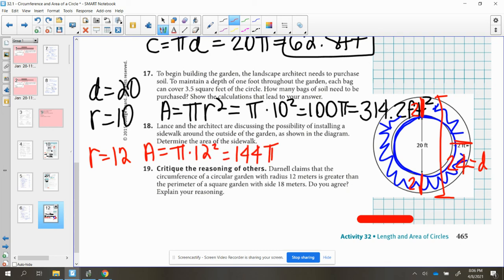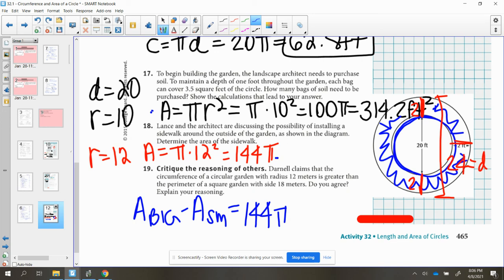And we know to find the area of just that blue walkway region, what we can take is the area of the bigger circle and subtract away from it the area of that smaller circle that we found up above. So 144 pi, this one right here, minus the 100 pi will give us our answer.